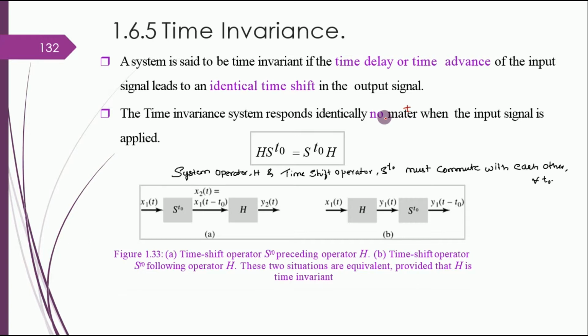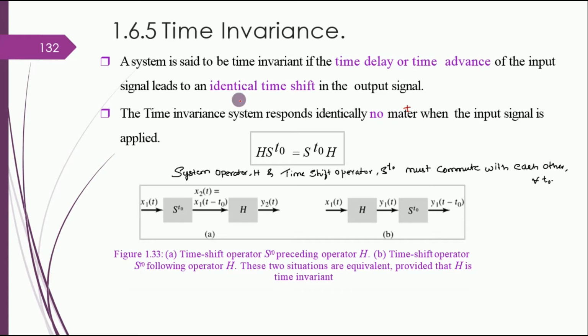Then we call it time invariant. For example, if you switch on your TV today and it switches on, and tomorrow if you try to switch on your TV, and it switches on only the volume, not the screen, then it is not time invariant. It is varying according to the time. The systems which do not vary with respect to time are called time invariant, and it is recommended for a system to be time invariant.